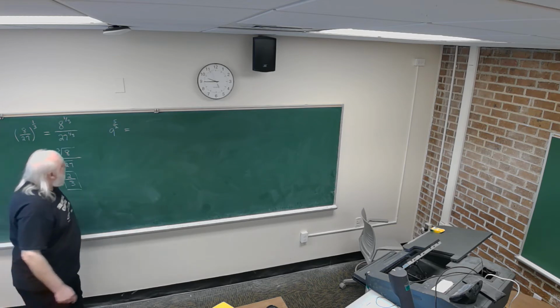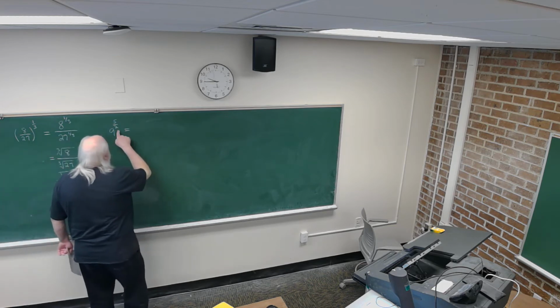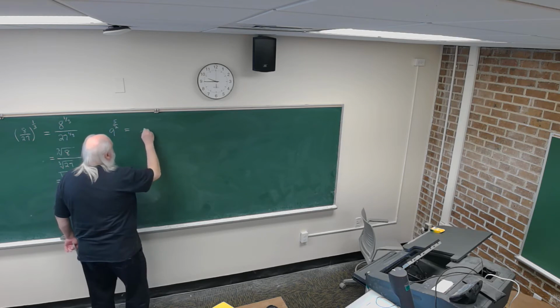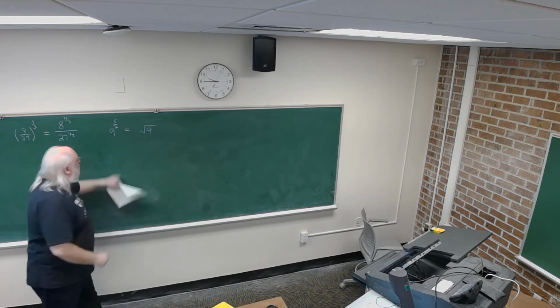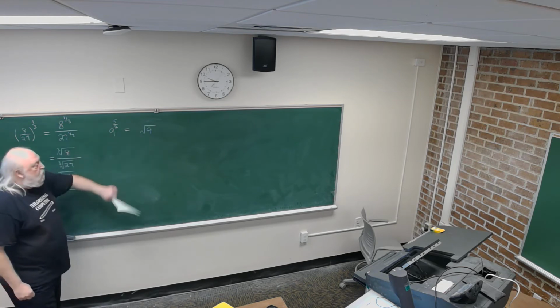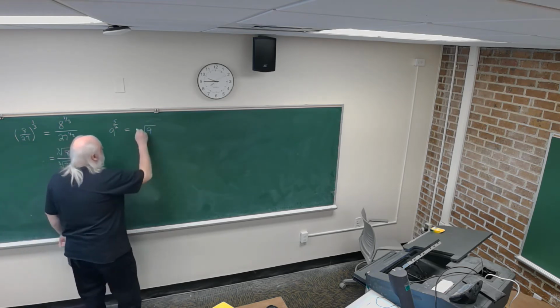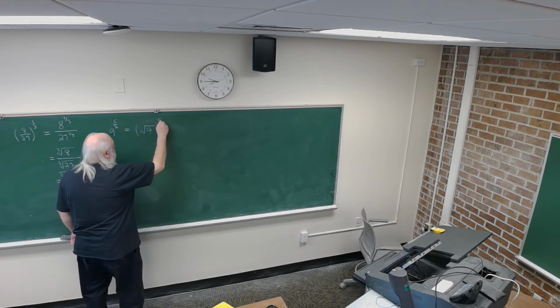But instead, we can take 9, a root of 2 means square root. We take the square root of 9 and then raise the result to the 5th power.